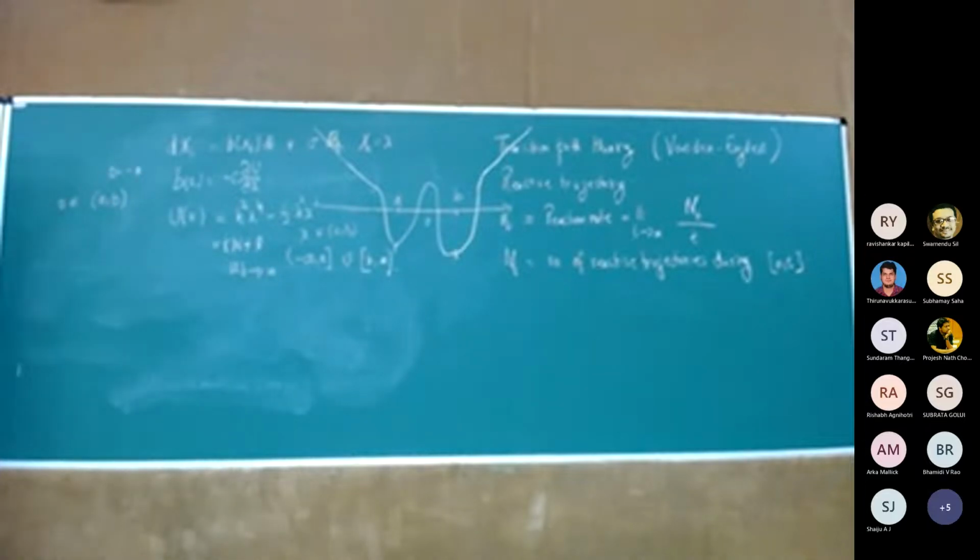Basically it's mod X below A and above B.